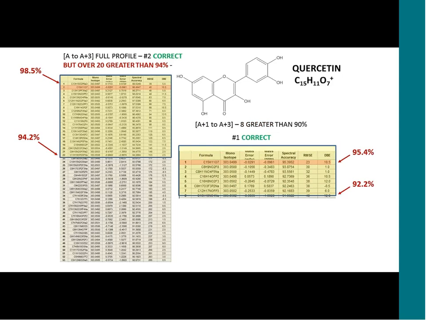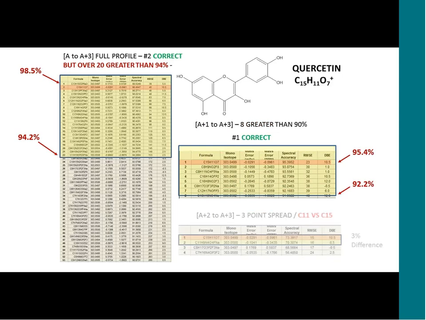Well, that still makes me a little uncomfortable if this is truly an unknown unknown and I'm using a pure math approach to determining the elemental composition. So that's considering A plus 1 through A plus 3. If I skinny it down to A plus 2 to A plus 3, I only have 2 answers that are really viable. At 70 and 73, a 3% difference. 68% is getting a little bit out of what I consider the viable window.